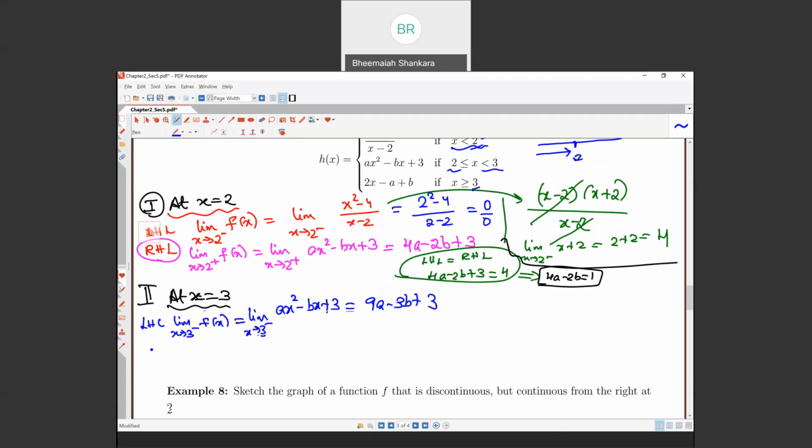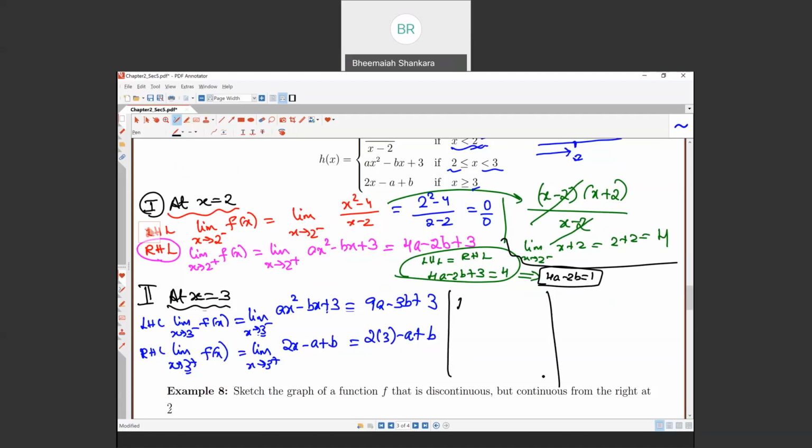Similarly, do the right hand limit. Limit x approaching 3 plus f of x. This is limit x approaching 3 plus, this is 2x minus a plus b. Plug in the limit for all x greater than 3. This is 2 times 3, negative a, and then plus b. Now again, you know that the left hand limit and the right hand limit are equal.